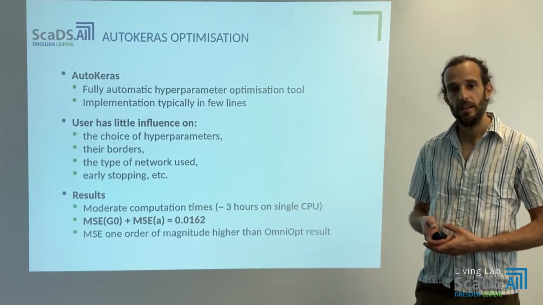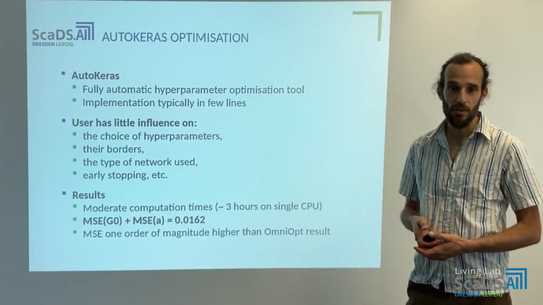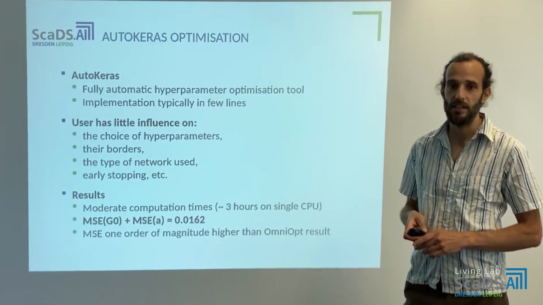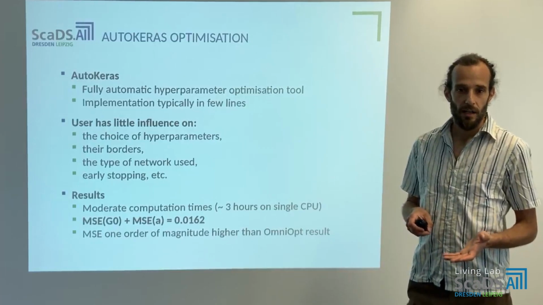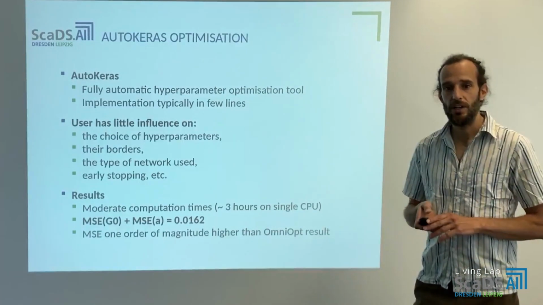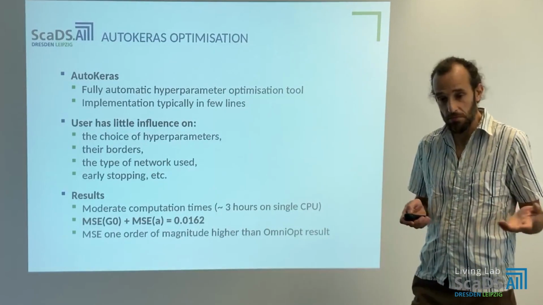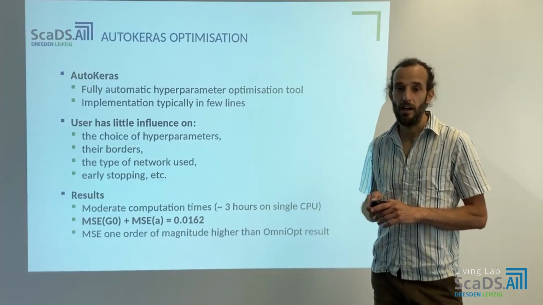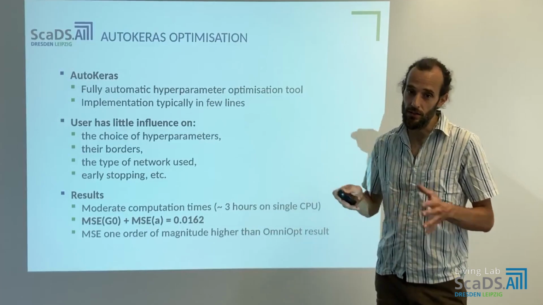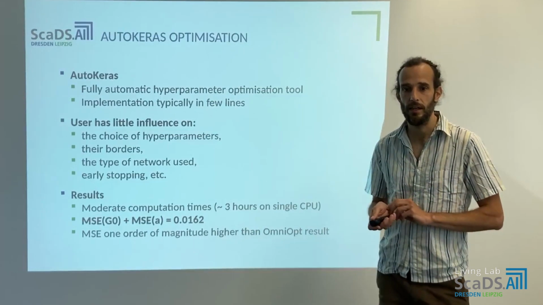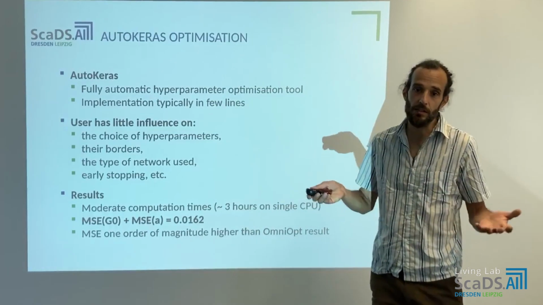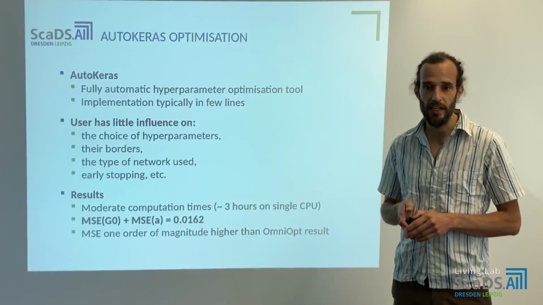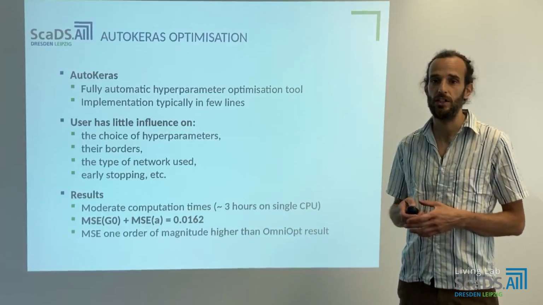However, the user has almost no influence on the choice of the hyperparameters, the borders, the type of the network used. Also, you have no influence on things like early stopping. And if you want to influence it, you have to do some workaround. But it's very easy to handle, and the computation times are very low actually.